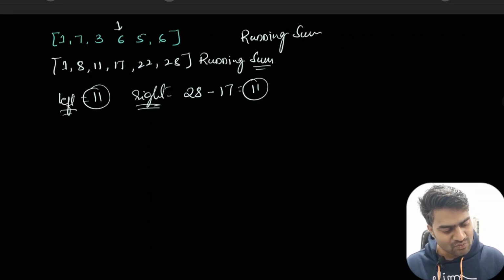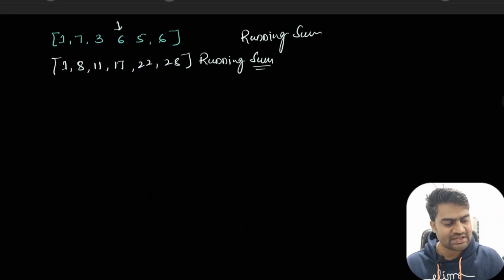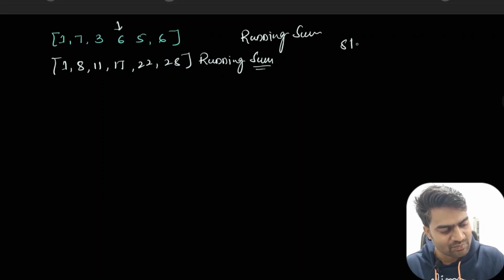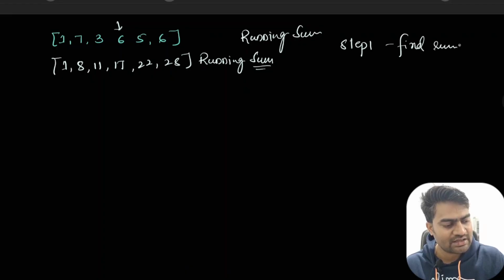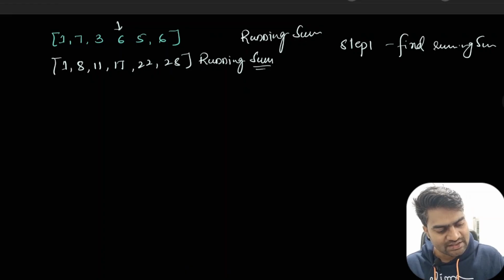Now let us try to derive this particular formula. First we found the running sum. So step 1 is to find the running sum. After that, you stand at any number, then you find the left and right.